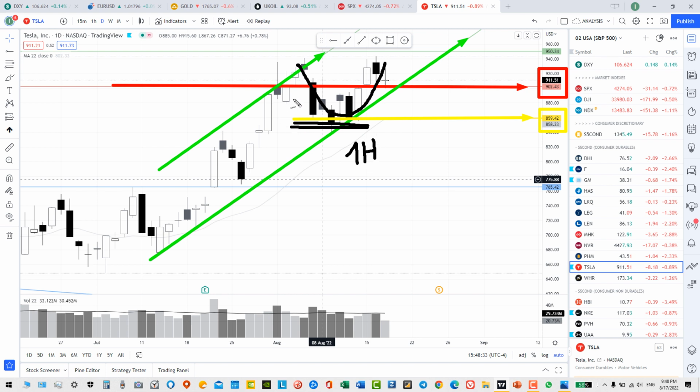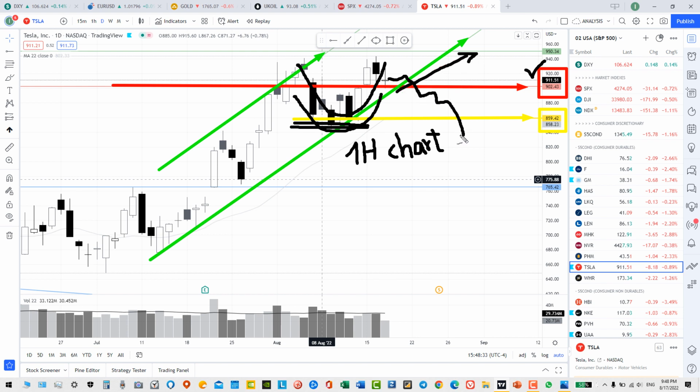This bottom was very easily identified on the 1-hour chart, and a break below 860 will have a lot of bearish significance, because it means that the stock broke below the monthly support around $900, and it also broke the ultra short uptrend.